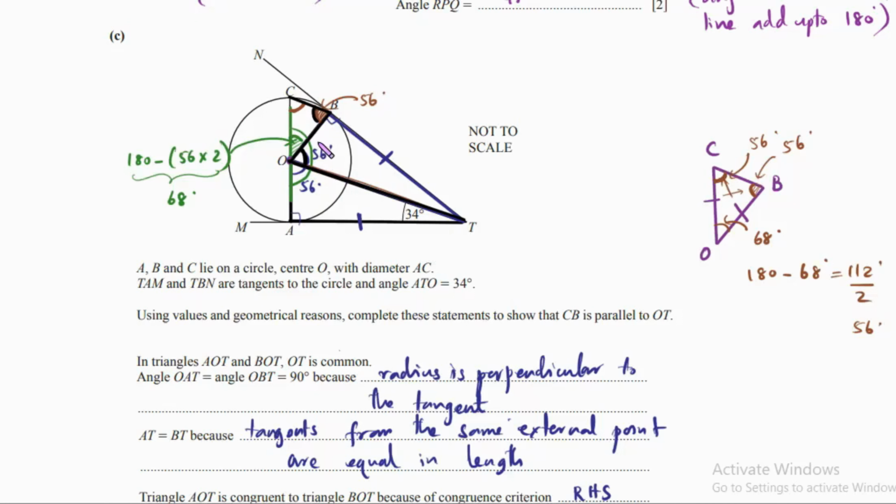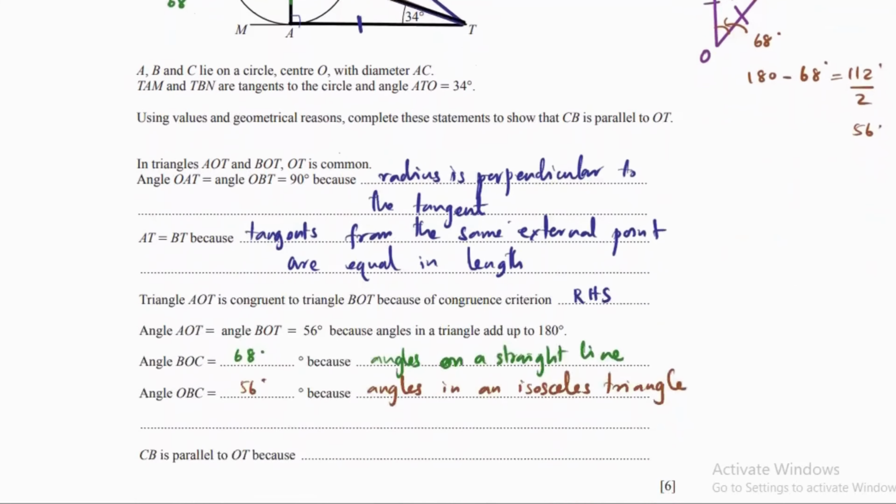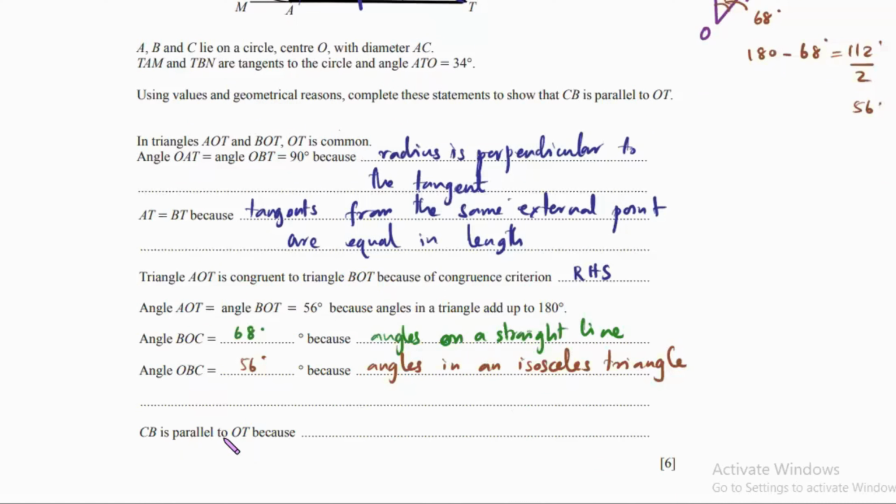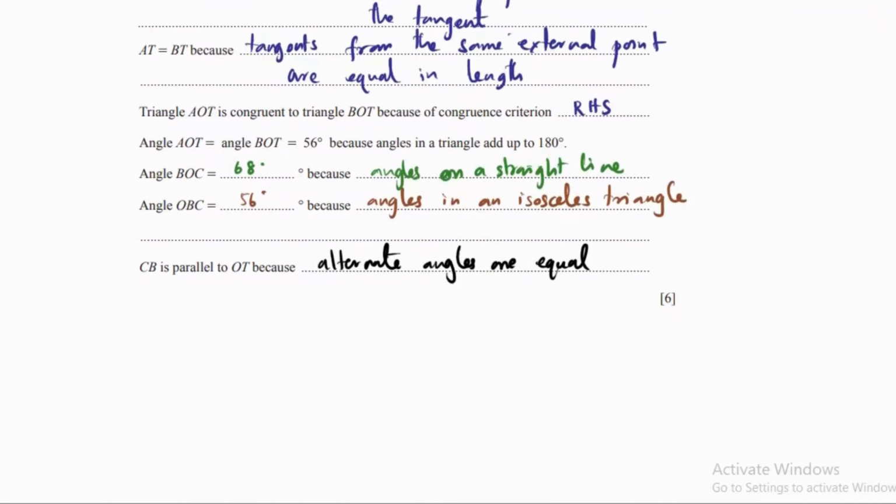It's the opposite of that. So the angles are equal, which are alternate angles, because alternate angles are in the shape of letter Z. So I can say that CB is parallel to OT because alternate angles are equal. This is the reason. With that, we will be done with this question.